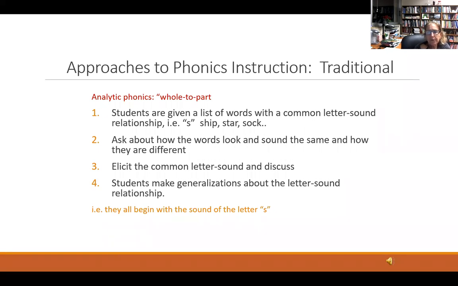What's different with one of the words? Ship, star, sock. Ship, right? Because that's actually a digraph. It's not a blend. You deal with the whole, and then you start showing differences about them, and you elicit common sounds.